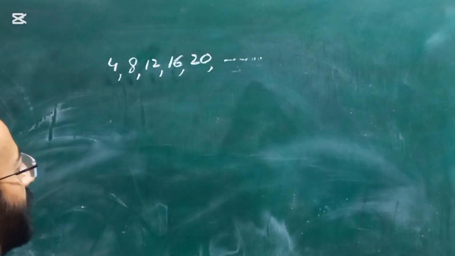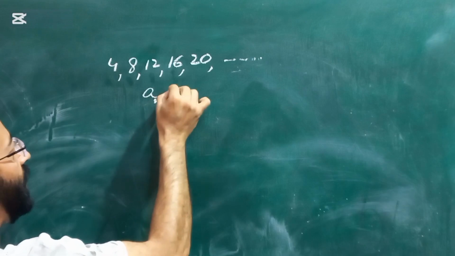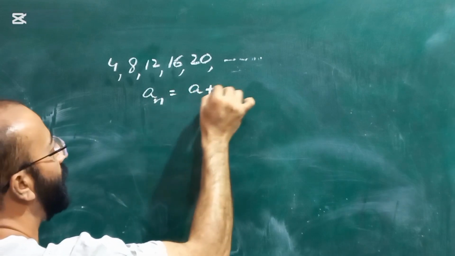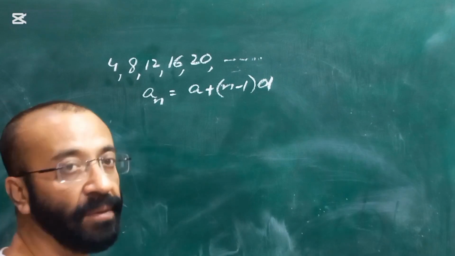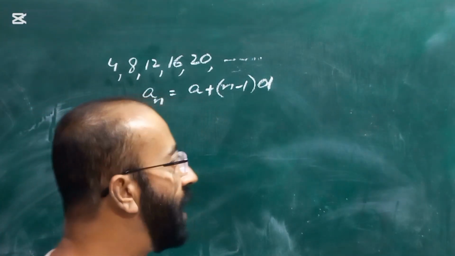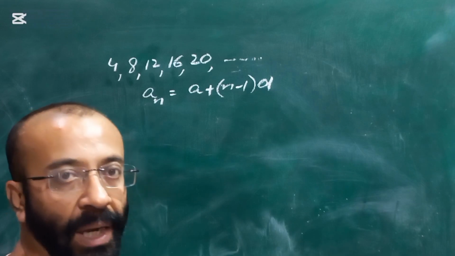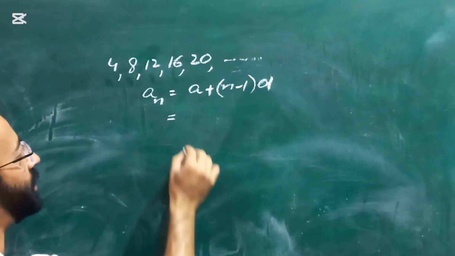So the difference is the same, so again the formula can be used: an is equal to a plus n minus 1 into d. Whenever the difference is the same in the number sequence, you can use this formula for finding the general formula or the nth term. Now we are going to put the values in this formula.